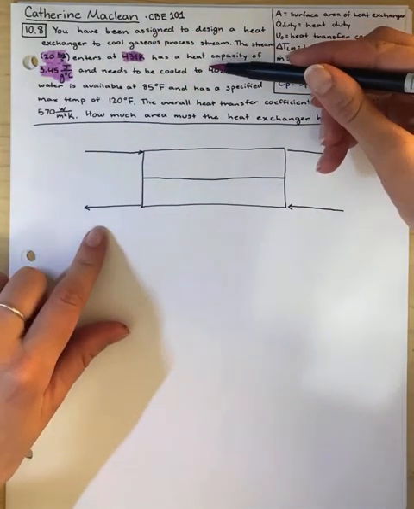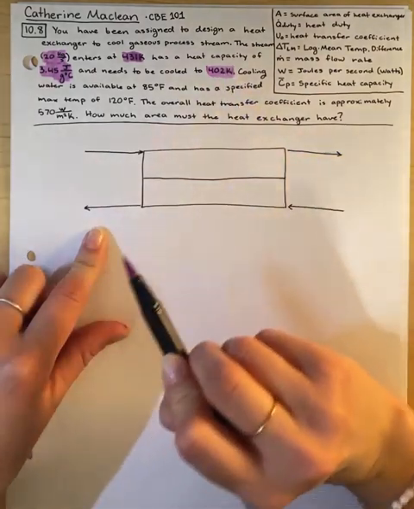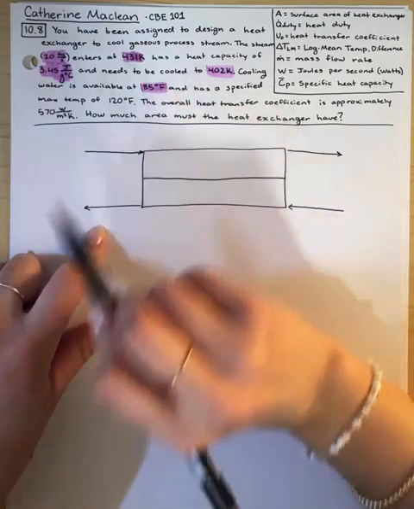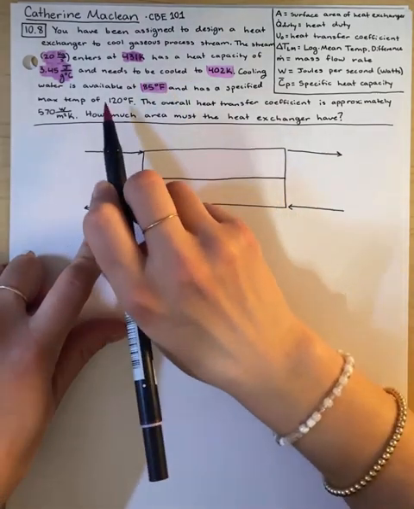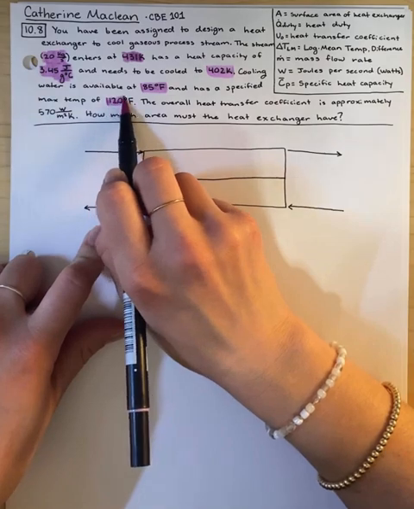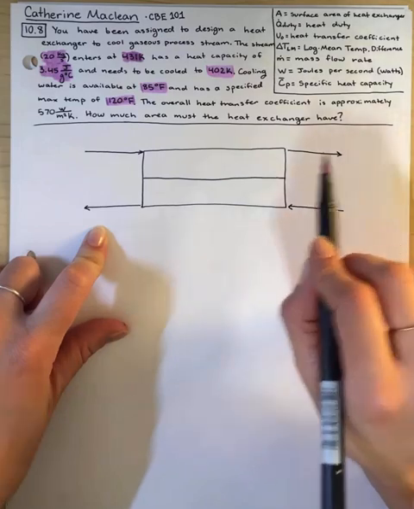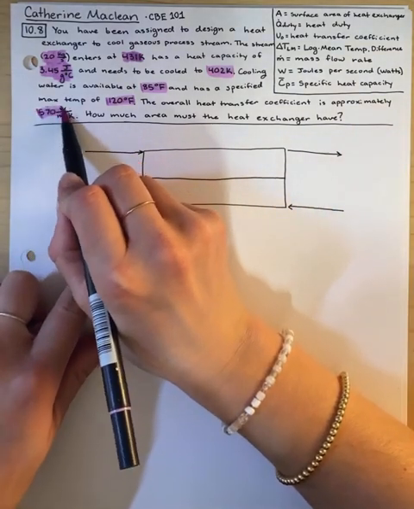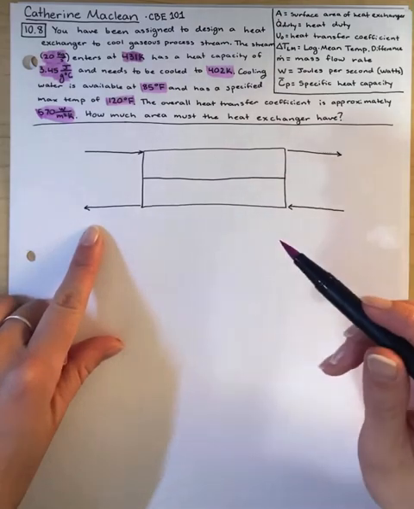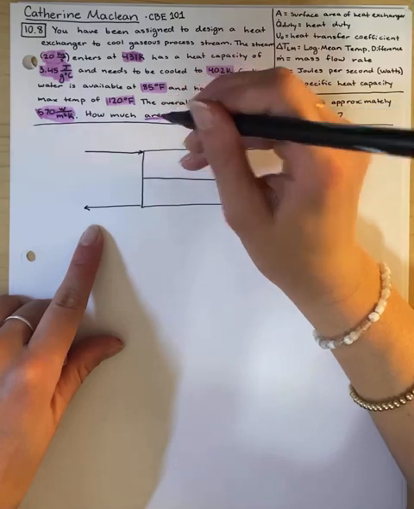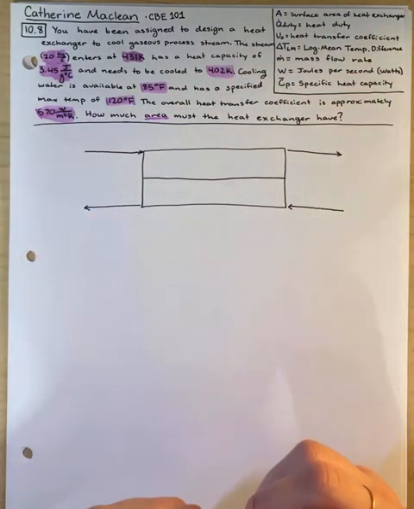It needs to be cooled to 402 Kelvin. Cooling water is available at 85 degrees Fahrenheit and has a specified max temperature of 120 degrees Fahrenheit. The overall heat transfer coefficient is approximately 570 watts per meter squared Kelvin. How much area, which is what we're finding, must the heat exchanger have?